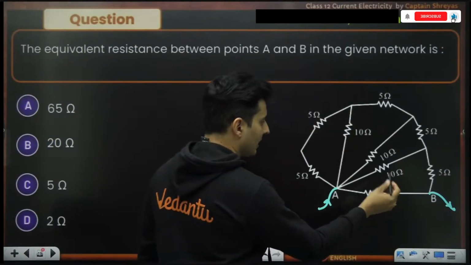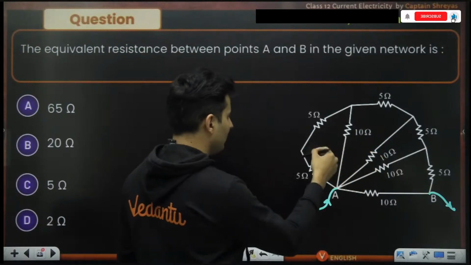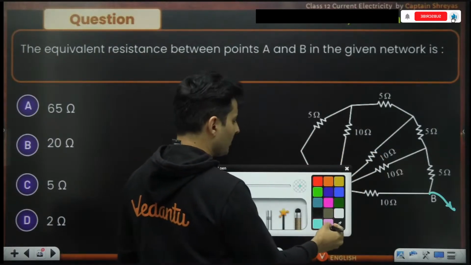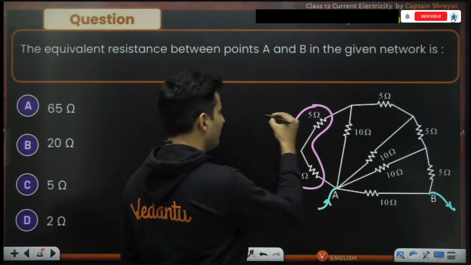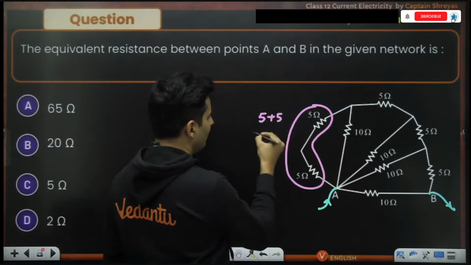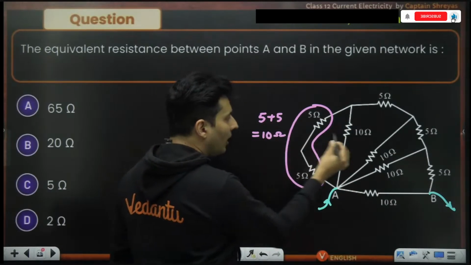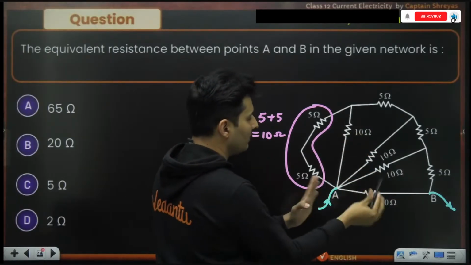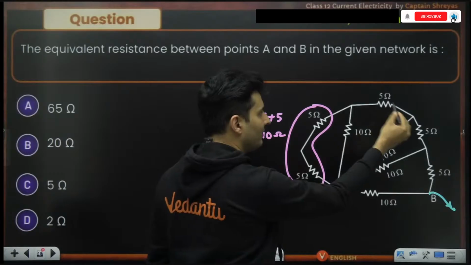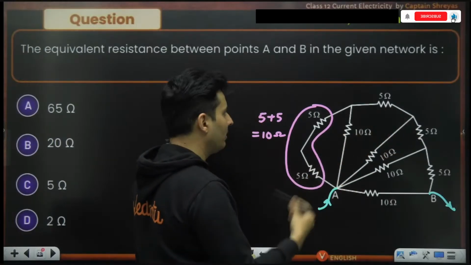All these resistors 10, 10, 10, 10, and even these two actually are in series. So if I find their equivalent, 5 plus 5 is nothing but 10 ohm. So all these 10 ohms, one branch and this branch, most of them looking like parallel, but there is a 5 ohm resistance to spoil our mood.